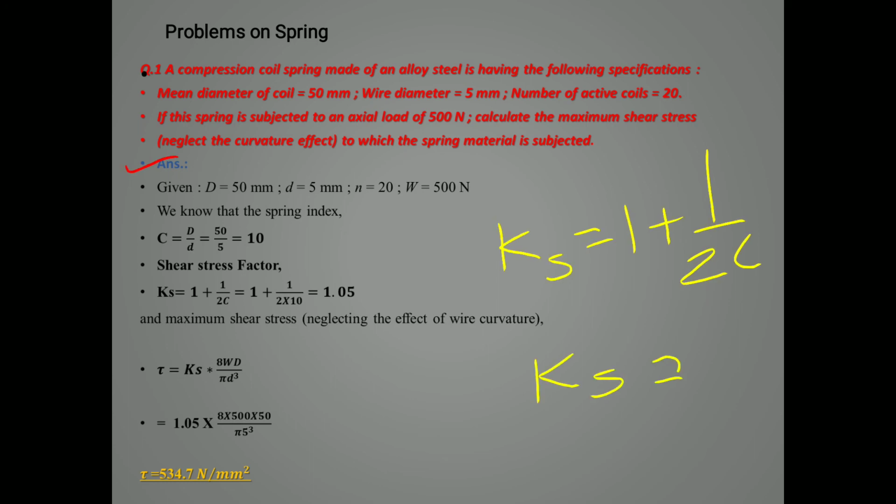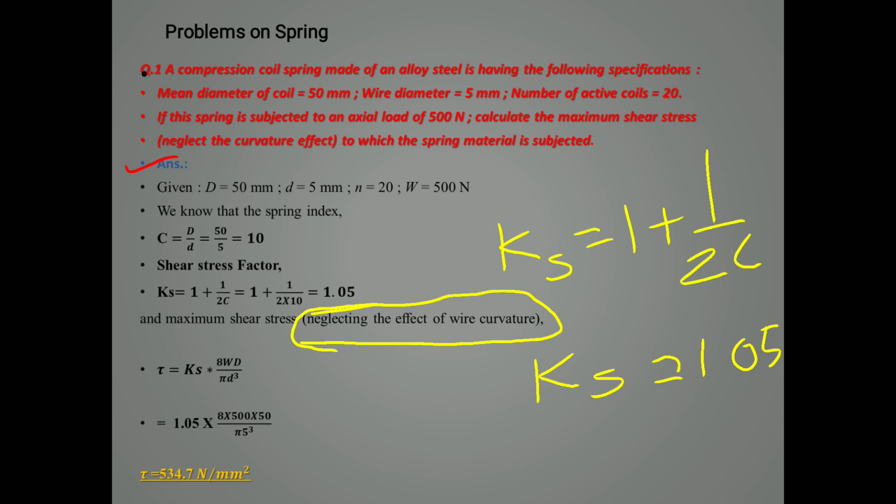So Ks is equal to 1.05. And now the maximum shear stress, neglecting the wire curvature effect. So we are going to neglect the curvature effect of a spring.